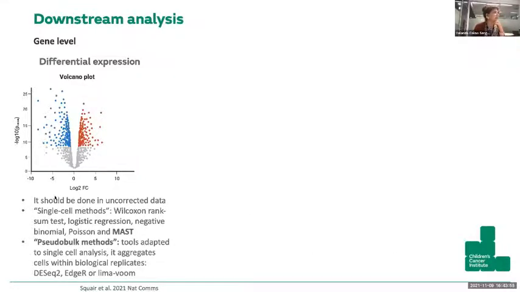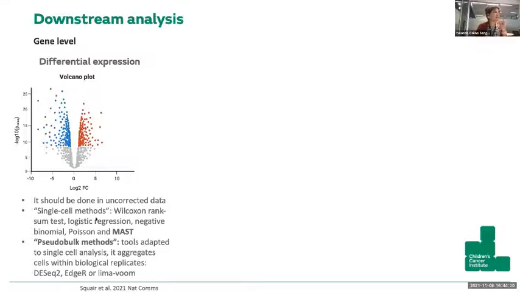And something here that is important is that gene expression analysis should not be done in corrected data. So if you had to integrate the data, you cannot use that integration for the differential analysis. You need to use just normalized raw data.